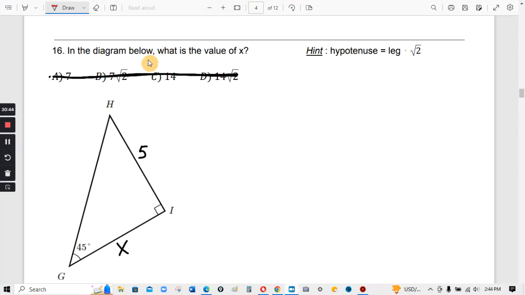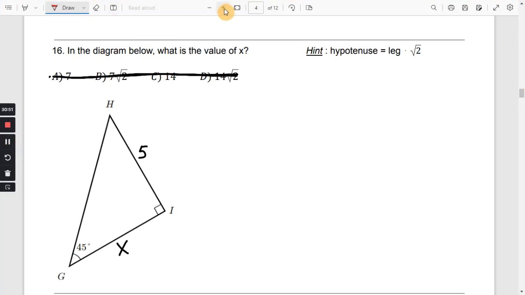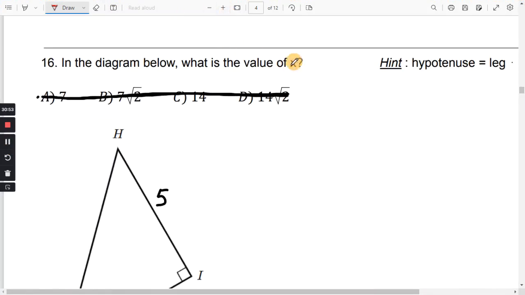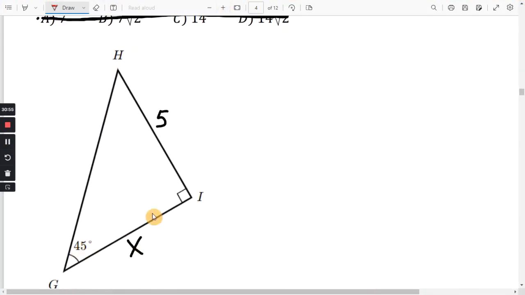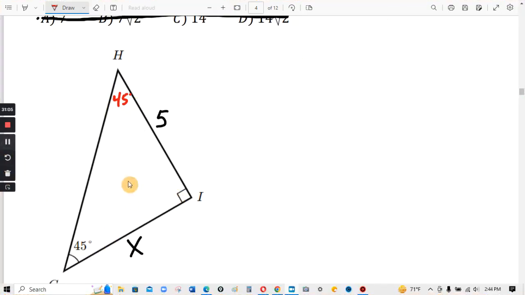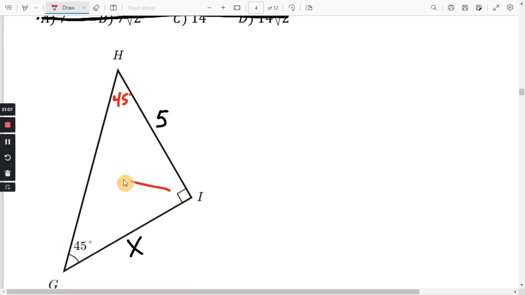Here we want the value of x in this diagram, and they gave us the formula, hypotenuse equals leg times radical 2. So this is not 30, 60, 90. We have 45 and 90, so this has to be 45 as well. Across from the right angle is always the hypotenuse.